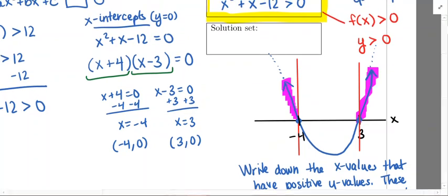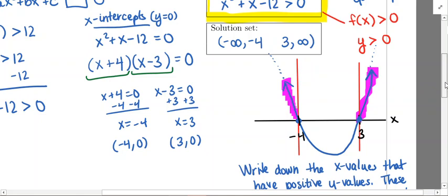So to write down the answer, which is the x values where you have these purple segments, this leftmost segment, like I said, is all the x values less than -4, so from -infinity to -4. And then the rightmost purple segment is all the x values bigger than 3.